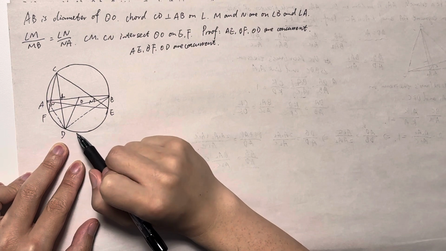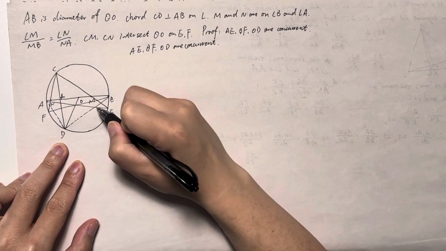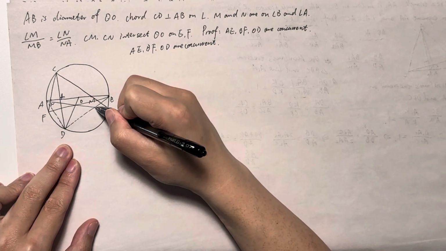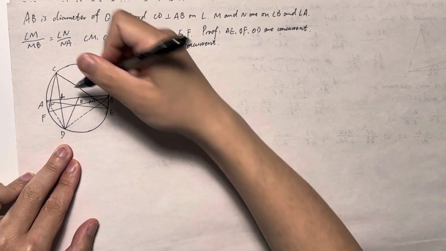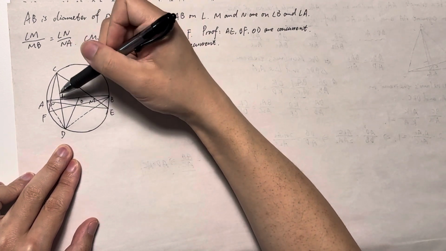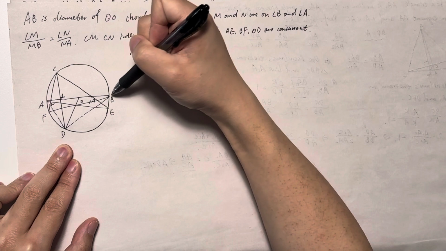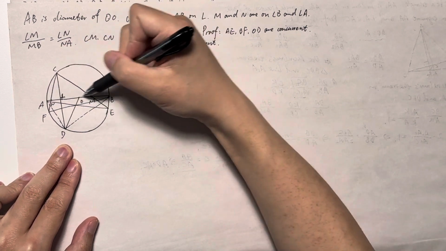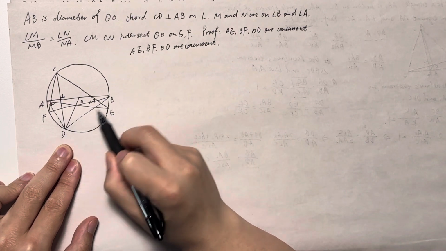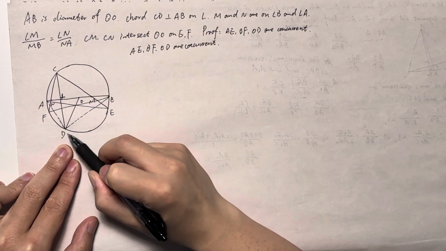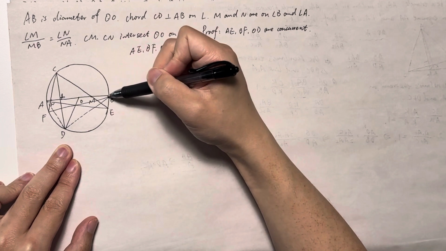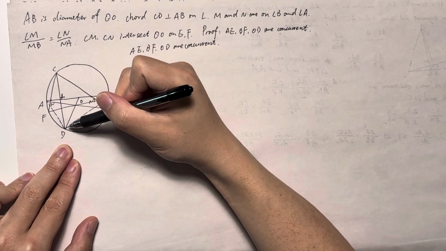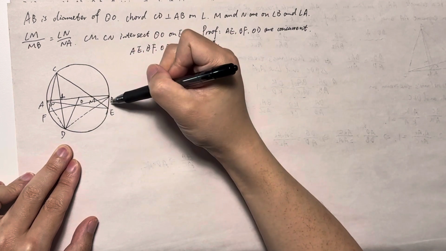Why? Because we have no information on how to generate this point. The only information is that we got a ratio LM to MB equals LN to NA, which is very difficult to relate back to this line. LM to MB ratio to this ratio, it's very difficult to transfer it.